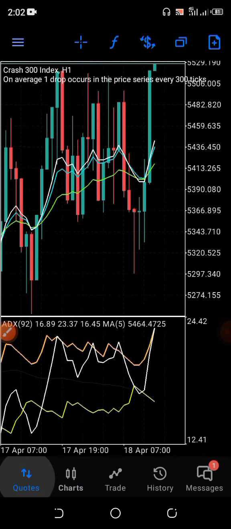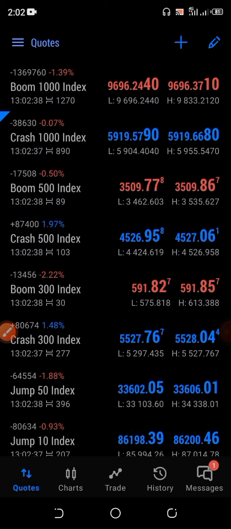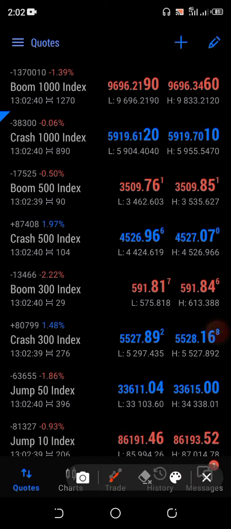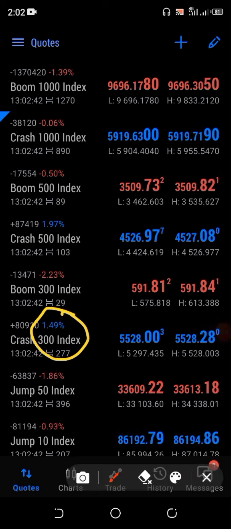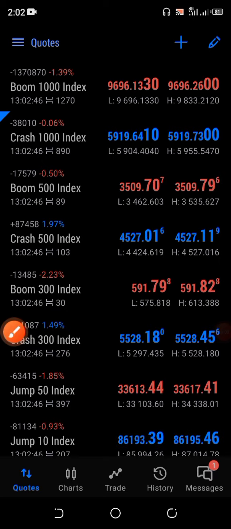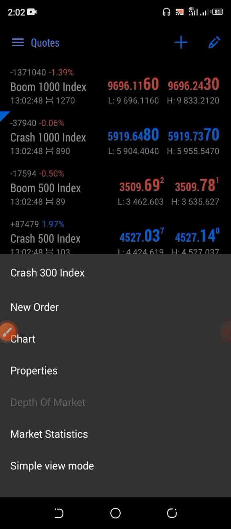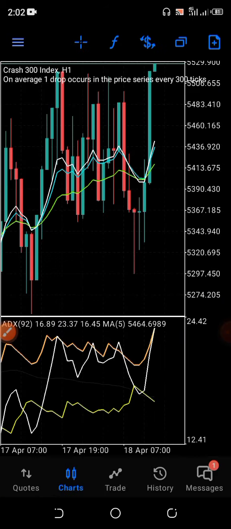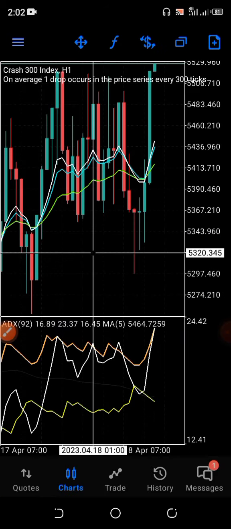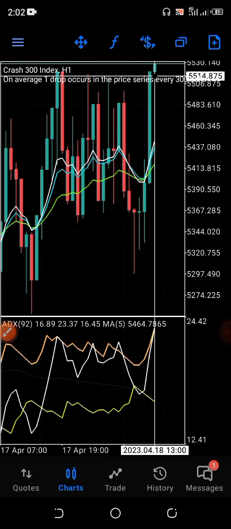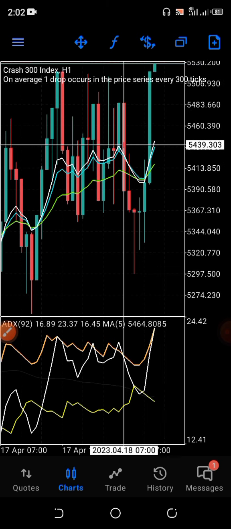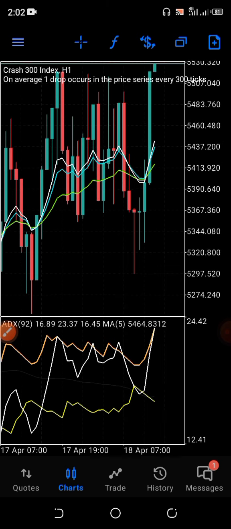I told you that this is Crash 300. Crash 300 indicates that blue, which is even in the 1 hour time frame, will be more of bullish movement. Can you see it? Look at it. It's more of bullish movement. So this is one of the things you should have in mind.